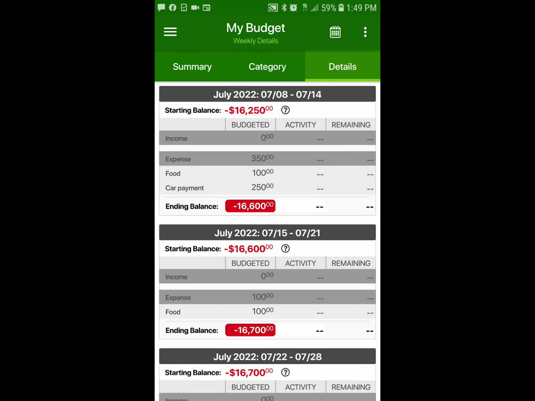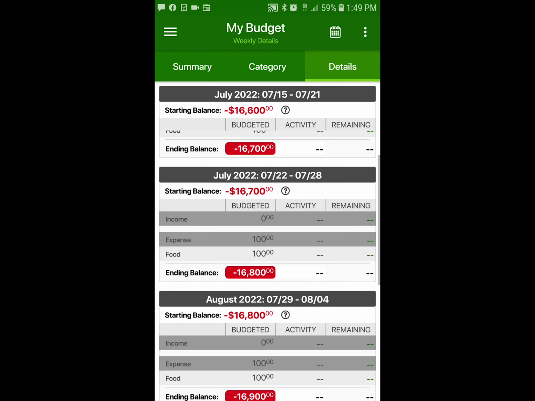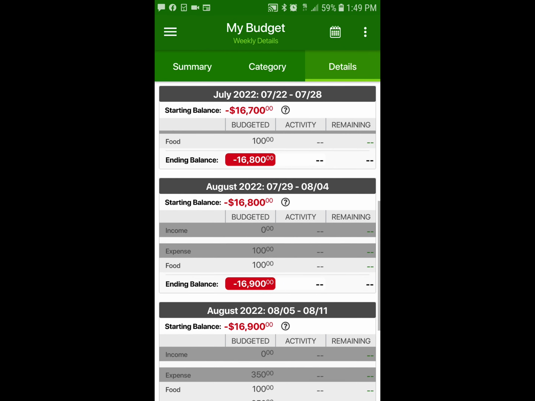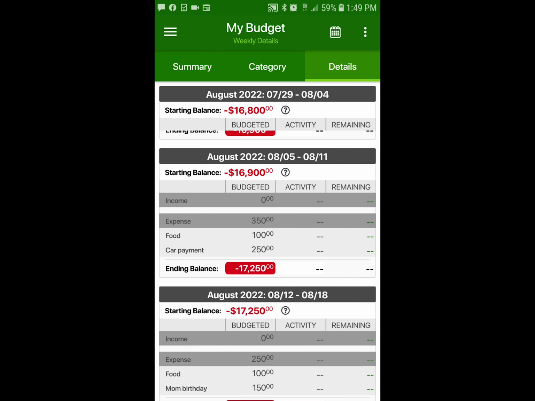$250. So now let's scroll forward here and let's get to August 8th and let's see what we got. There it is. Car payment, $250, August 8th, 2022. Now let's go to September.